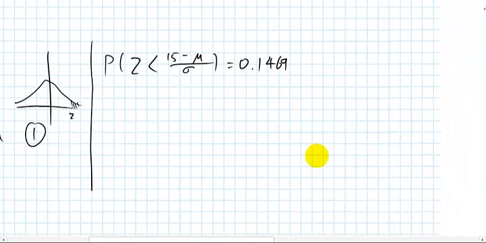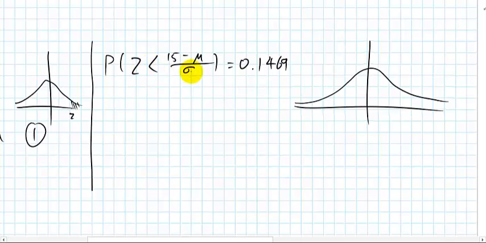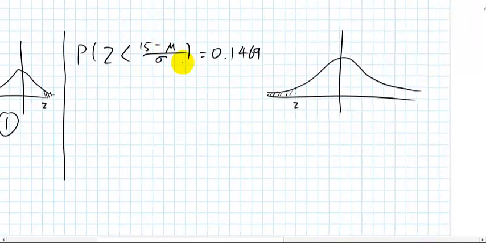Let's draw the graph as always. And it's Z being less than a certain number, so the area is going to come from the left, and it's only 0.14, so let's just stop here. And so this z value is a negative number, so it's in the less than a negative form. So let's first reflect it using the symmetry.